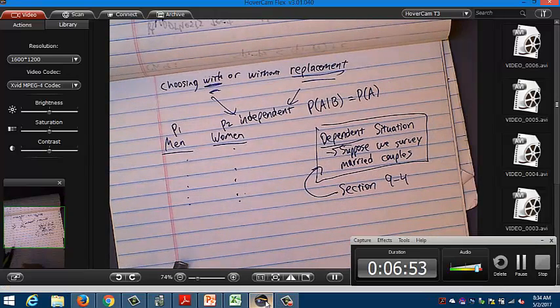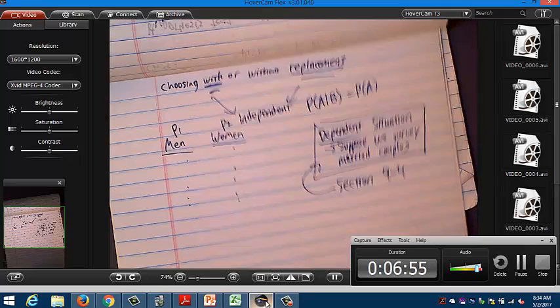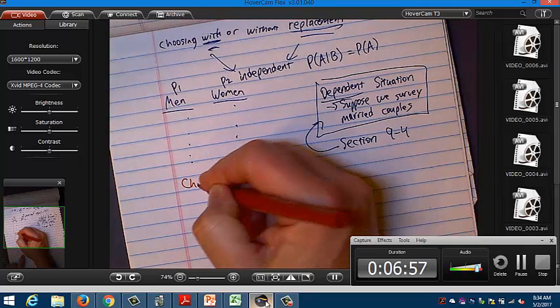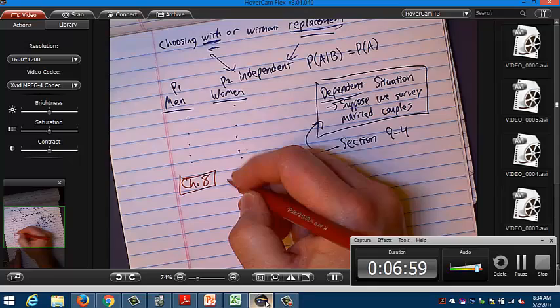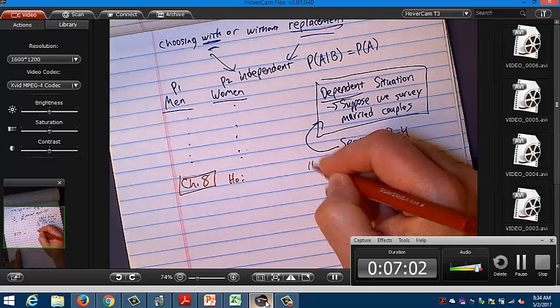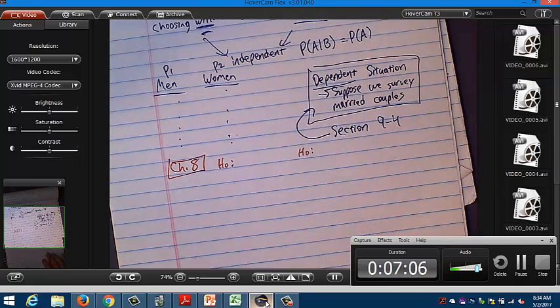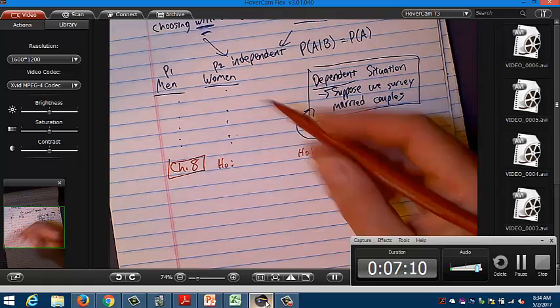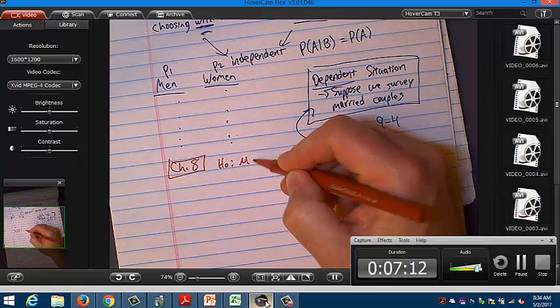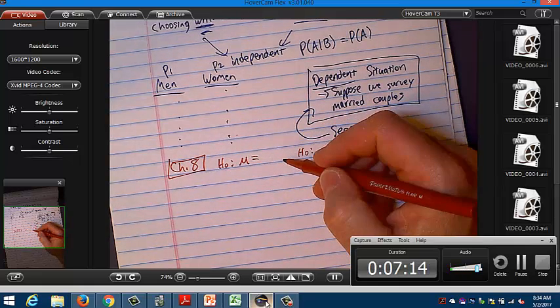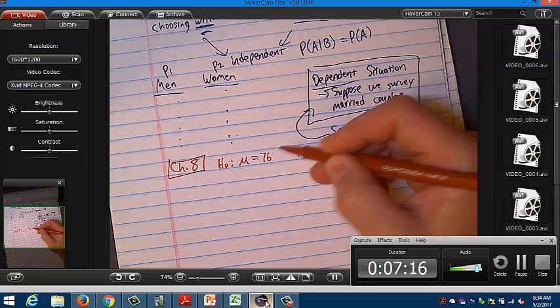Tell me what the different null hypotheses looked like. You guys just took a quiz on it. What did H0 look like? Give me an example of what H0 might have looked like in chapter 8. Mu is equal to 76 inches or something, right?